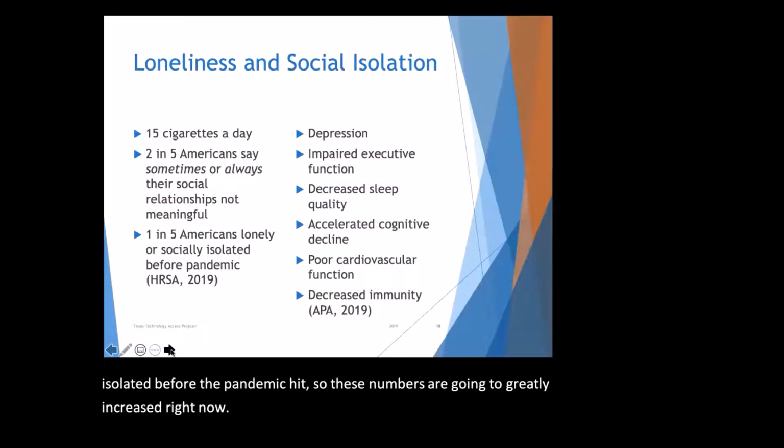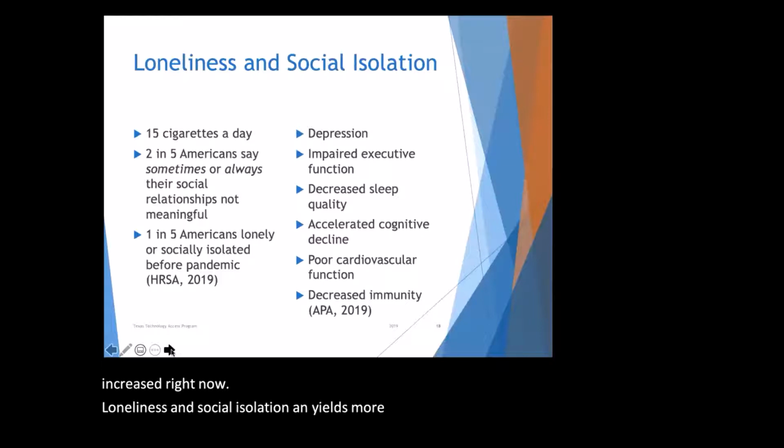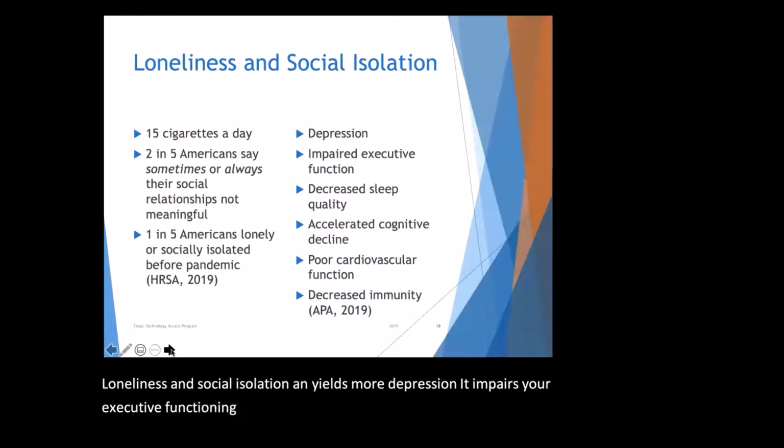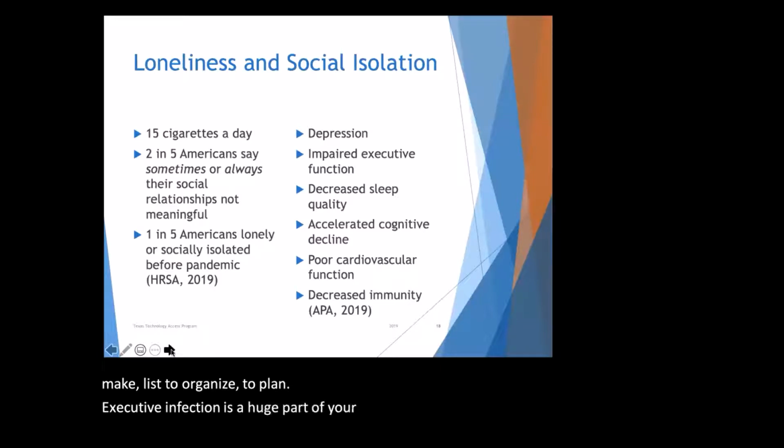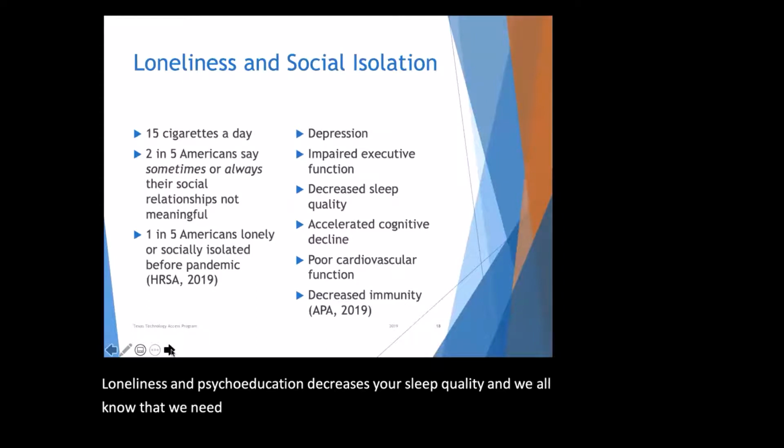Loneliness and social isolation yields more depression. It impairs your executive functioning. And executive functioning is what you use to solve problems, to be creative, to make decisions, so many things, to make lists, to organize, to plan. Executive functioning is a huge part of your brain. Loneliness and social isolation decreases your sleep quality. And we all know that we need to have quality sleep in order to feel good and function at our best. It accelerates your cognitive decline.